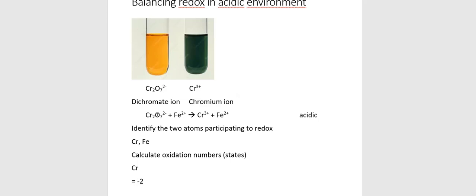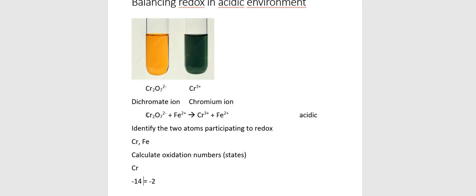I have 7 oxygen atoms, and each one of them has an oxidation state of -2. There's 7 of them, so it all counts like -14.